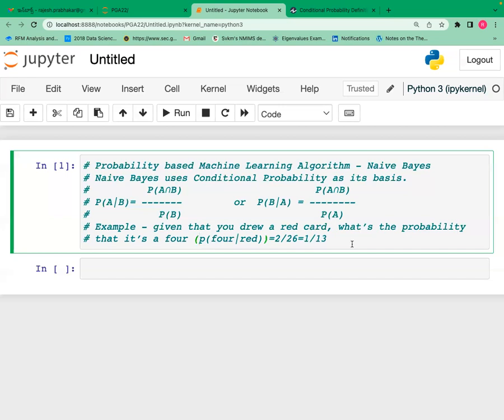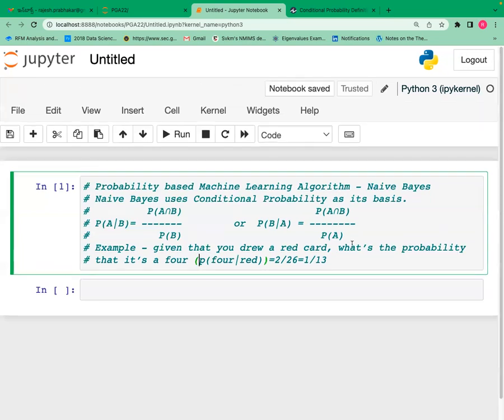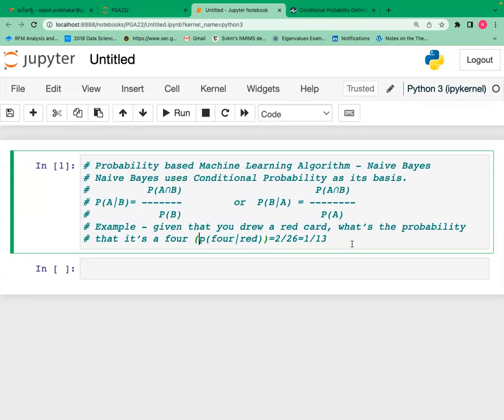The compulsory condition here is the card must be red and also be 4. How many red and 4 cards are there? 2 cards only. So 2 by how many red cards? 26 cards will be red out of 52 cards in the deck. So it will be 2 by 26. That is the concept of conditional probability. A intersection B means both the conditions have to be met.